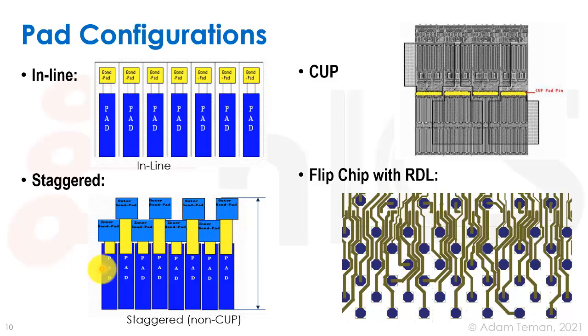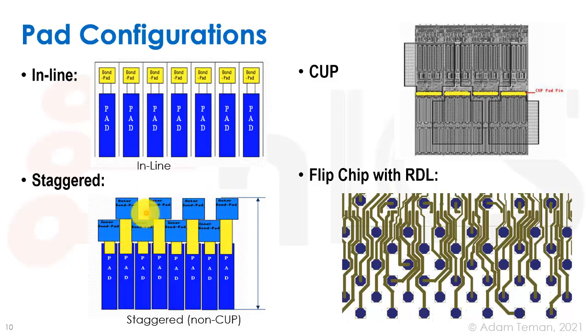But then again, we can have more connections outside our chip. We can raise our pinout in this way. The actual area this will take up is larger than the area the inline would take up, but we get almost a factor of 2 more bond pads, more connections to the outside world. So you can have 3 levels of staggering as well in some libraries.